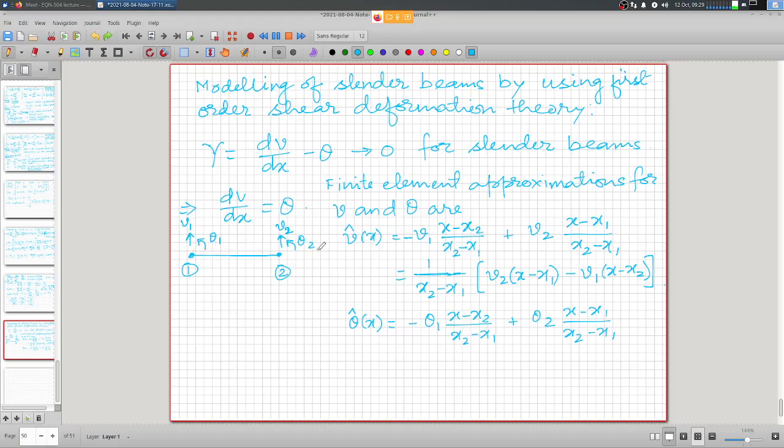So transverse displacement is given as interpolation between these nodal values of V at node 1 and node 2. So V1, V2, linear interpolation, N1, N2. And theta is similarly given. So we have 1 over x2 minus x1 multiplied by theta 2 x minus x1 minus theta 1 x minus x2.